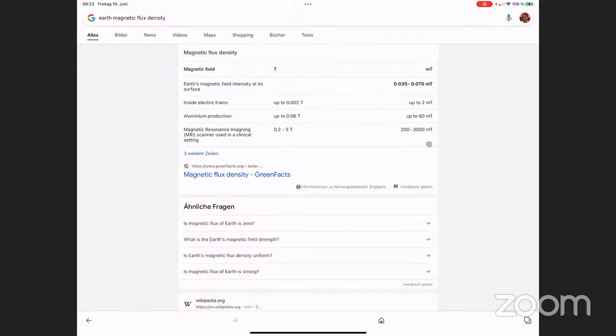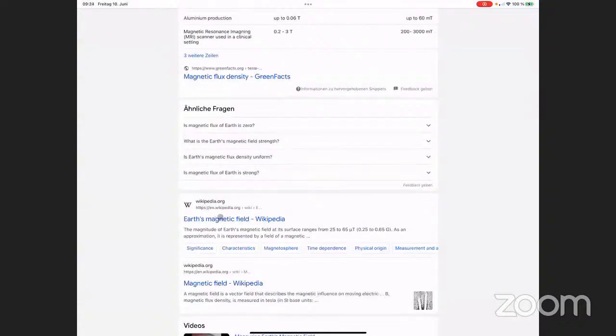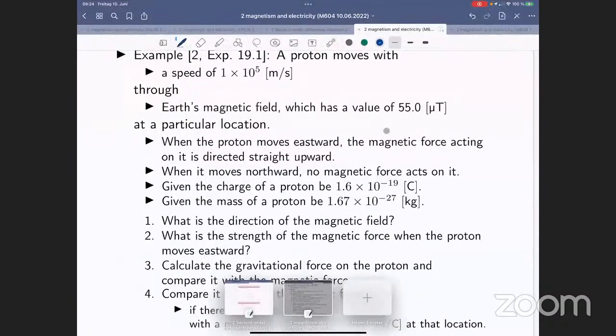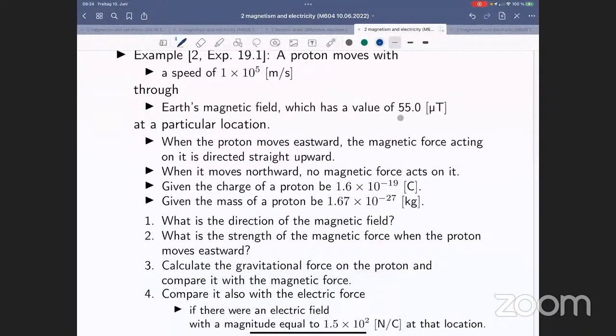It depends on where you measure. Here they say the Earth's magnetic field starts from 25 to 65 microtesla. So the value may not be exact; it depends on the country where you live on Earth. But in this problem they say 55 microtesla.